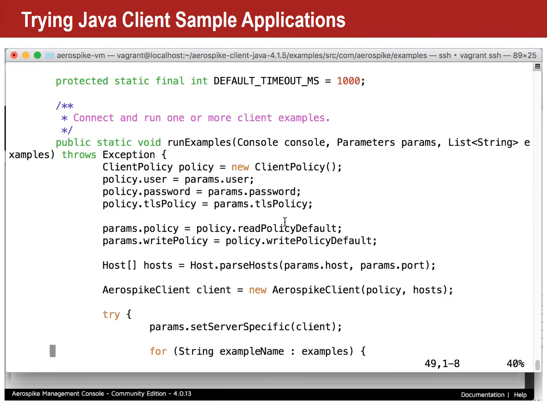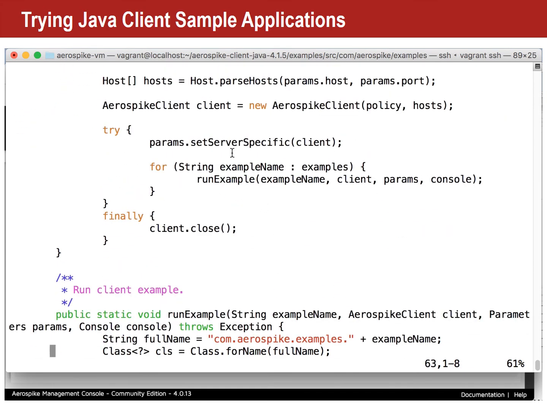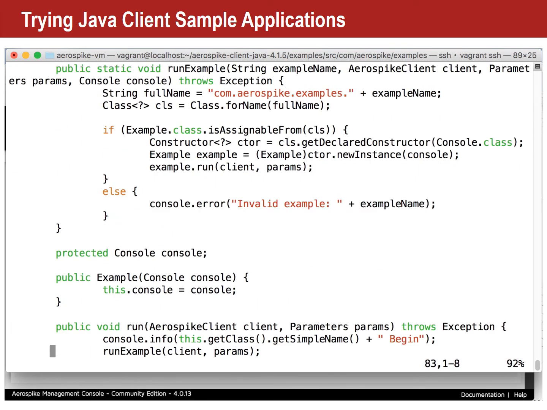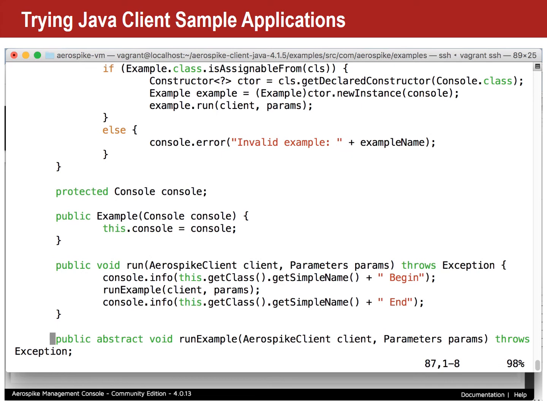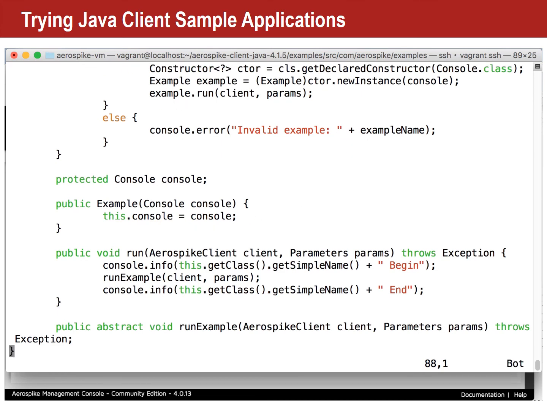So we supply a list of hosts to connect to the cluster, and then instantiate the client object with the client connection policy and one of the hosts. So in this case, we're just running it with the local host, and then as an argument we give it a class name, and that's the example we run. So that's exactly what this code does.